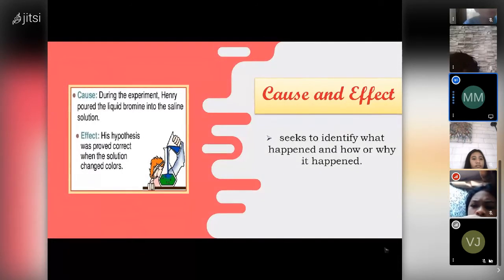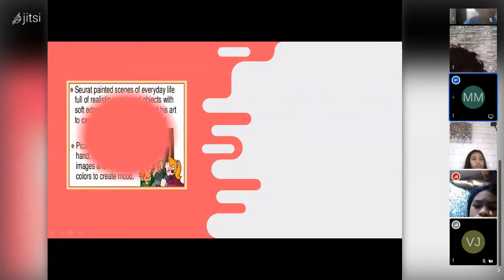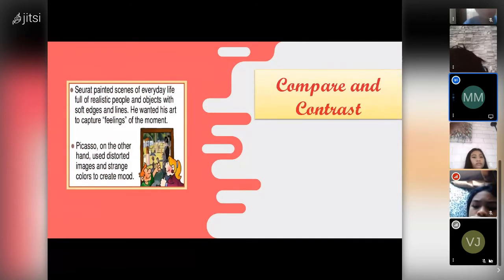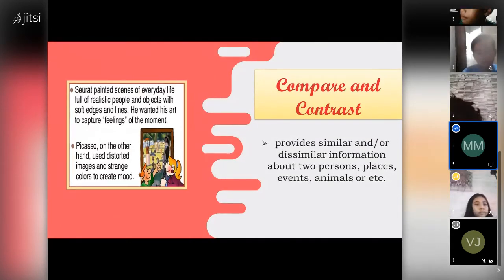Okay, I guess you already understand what is cause and effect. Next, let's have compare and contrast. Okay, this provides similar and or dissimilar information about two persons, places, events, animals, or etc. If it is similar, it is compare.